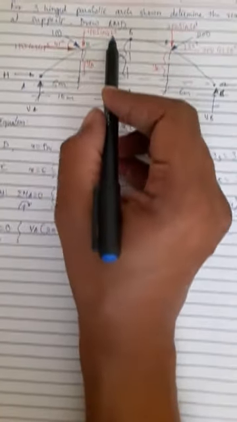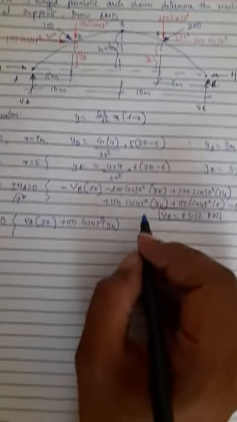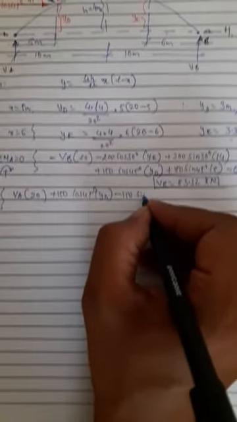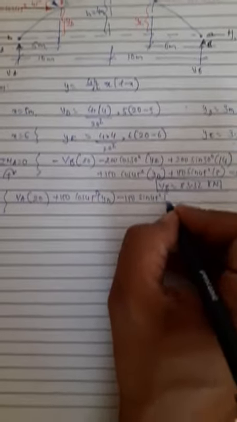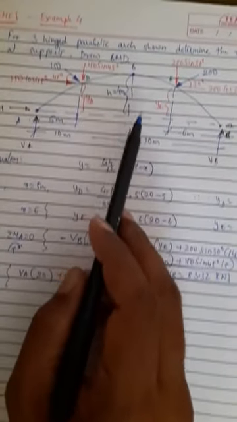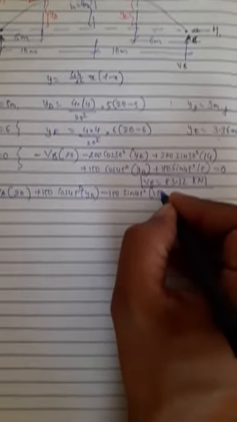Now come to the force 150 sin 45. That will be minus 150 sin 45, perpendicular distance from point D to B: from here to here this is 5, this is 10, so 15.